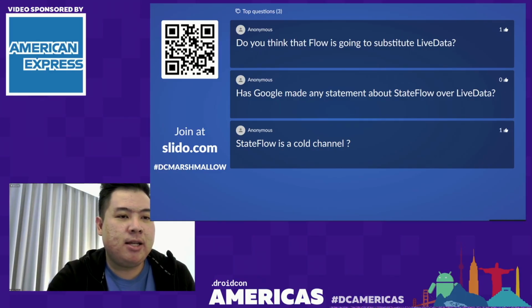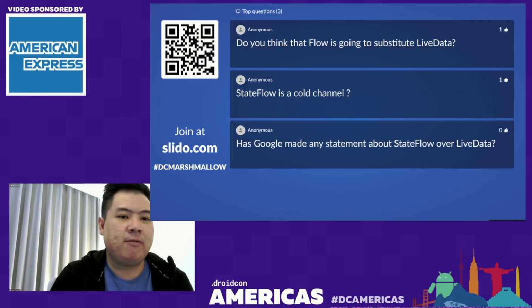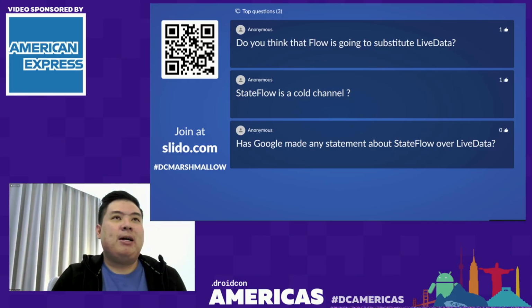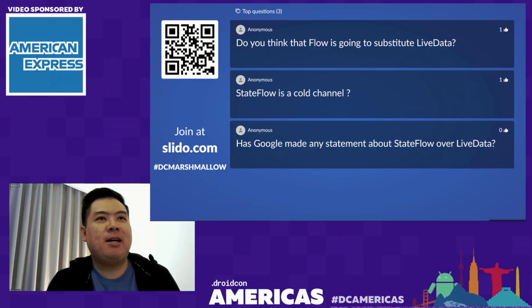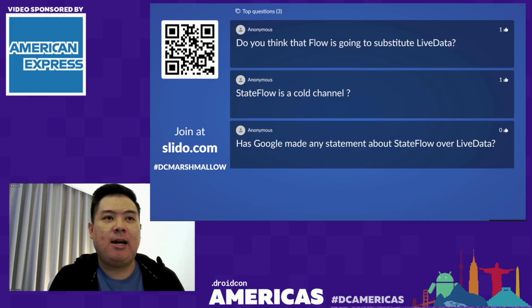The next question is: do you think that Flow is going to substitute live data? Well, there have been many arguments about this. Many people are starting to say that StateFlow is superior to live data, since it has more operators and it's also easier to use.